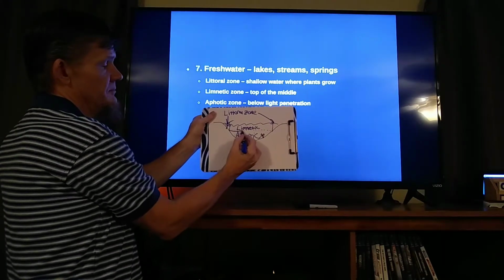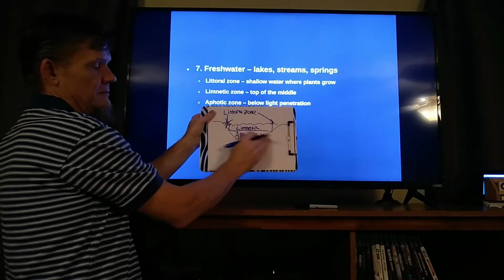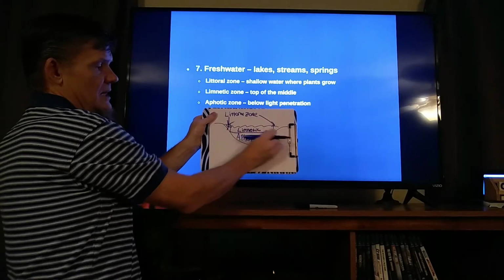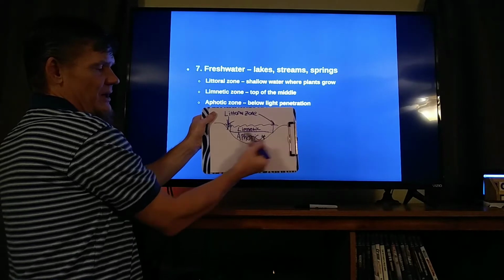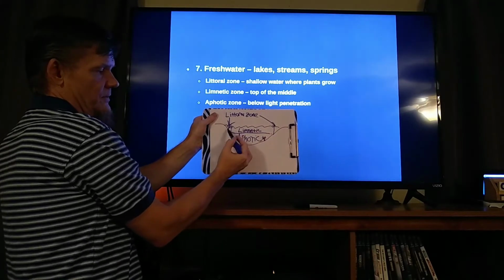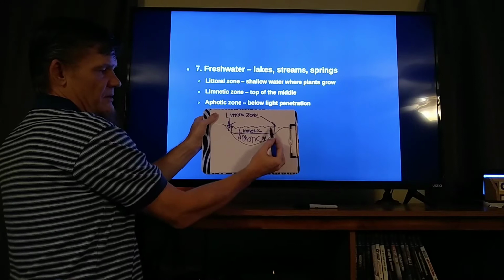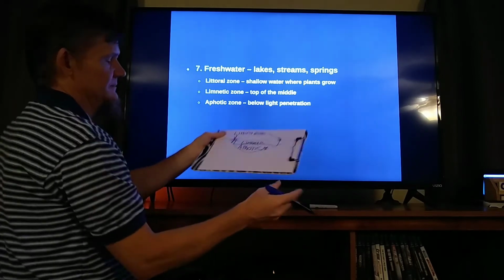Below here is the aphotic, no photosynthesis. The top area is the limnetic. These two little areas right around the edge are called the littoral zone. This area up can support photosynthesis, this area down can't.